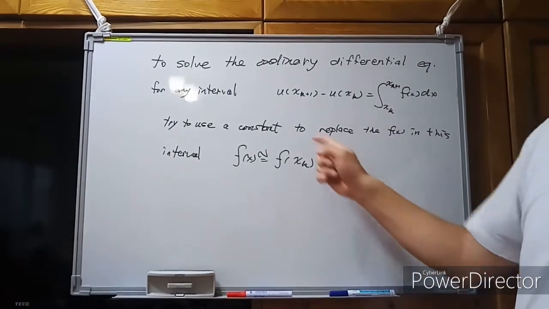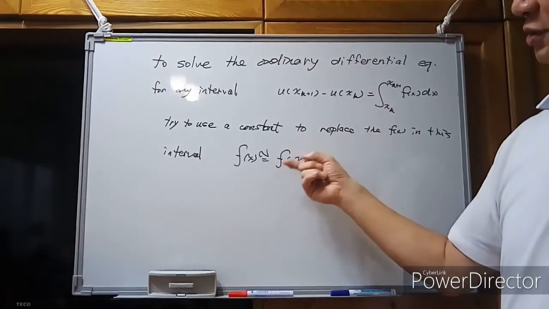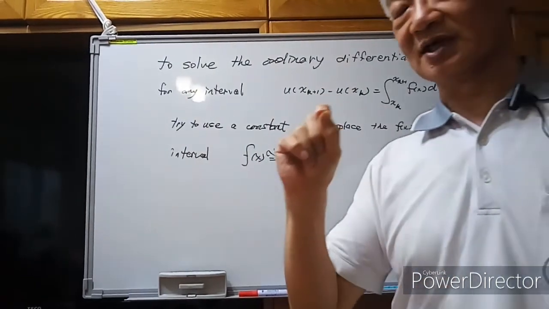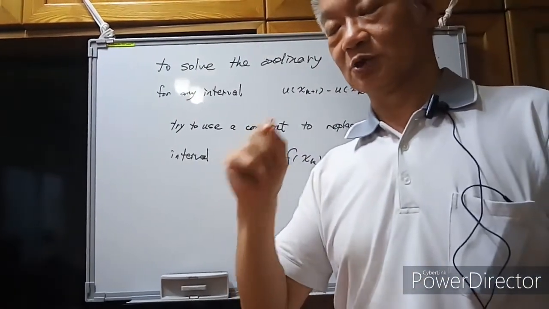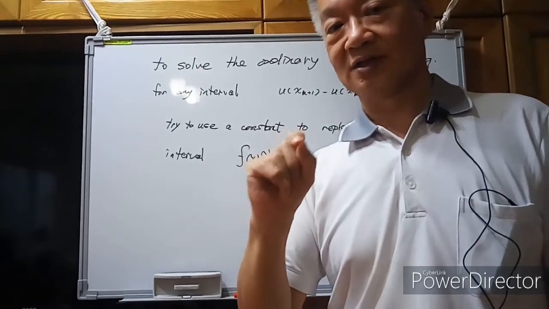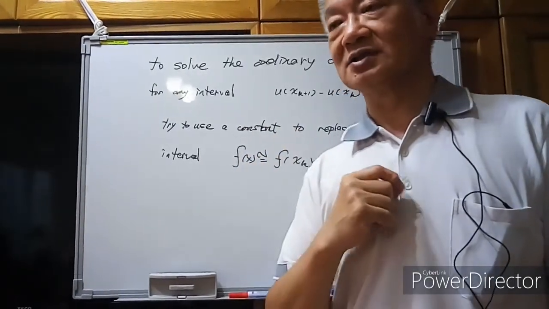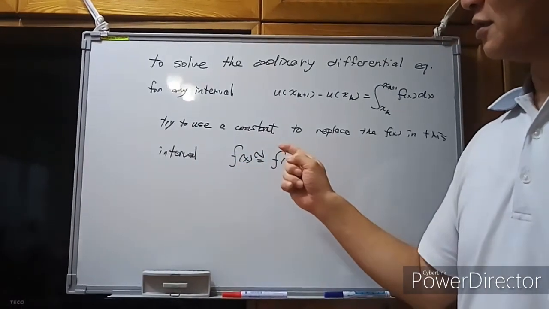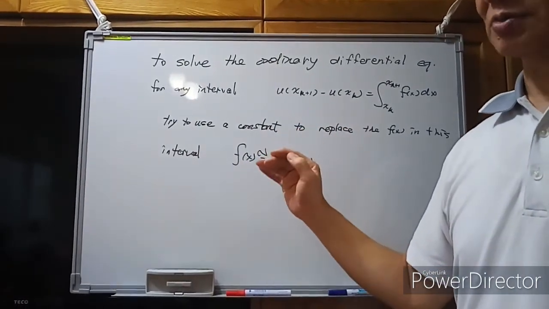However, if we use a constant, which is the function value at one of the endpoints for the f of x, it is only an approximation.